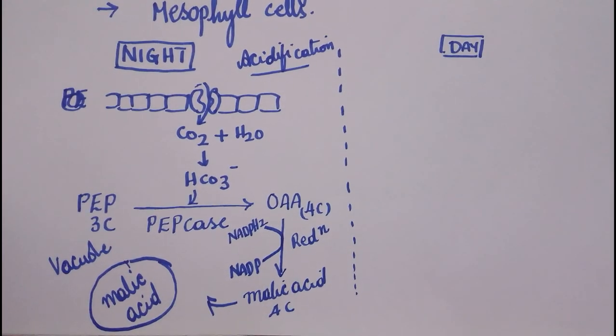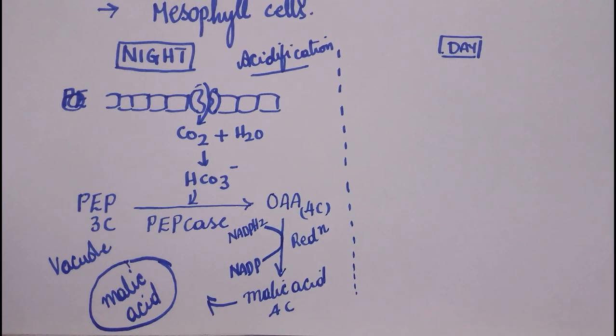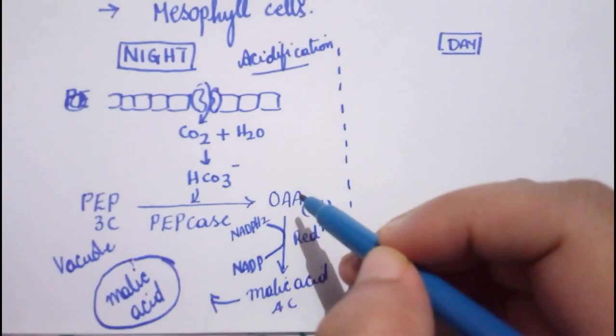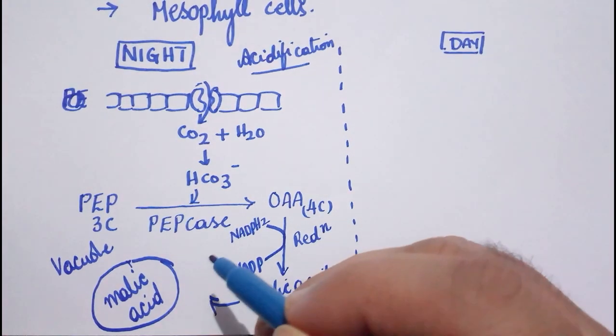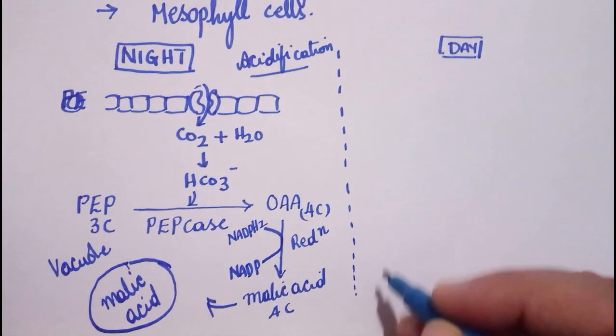Now at night time what has happened? The carbon dioxide got fixed, it is taken up and it is converted into 4-carbon acid and finally stored as malic acid. Now during the daytime what is going to happen?